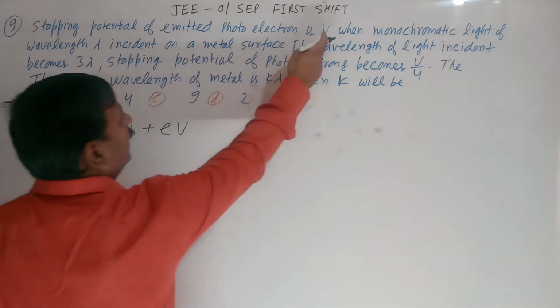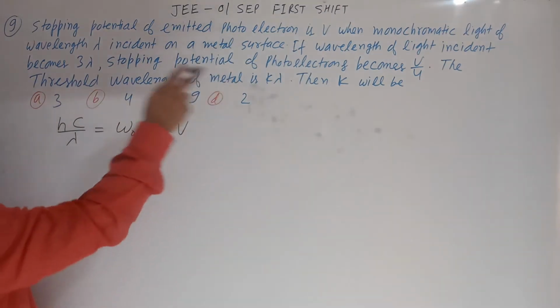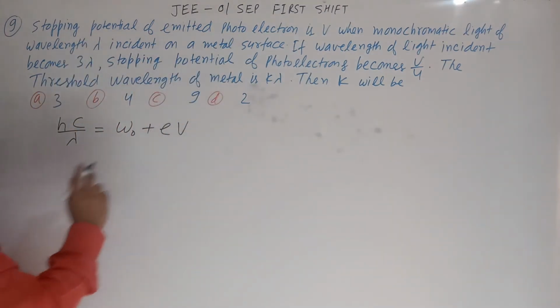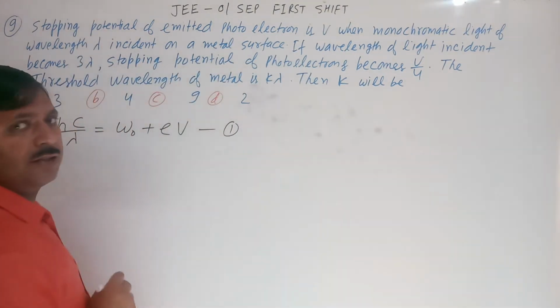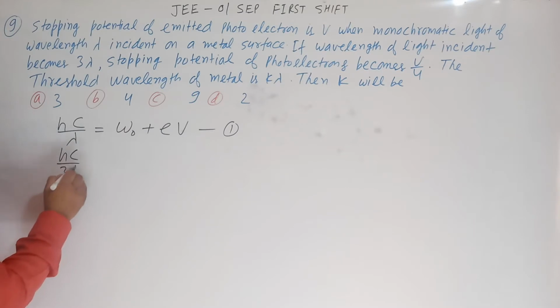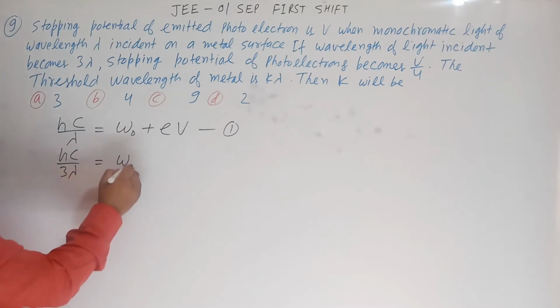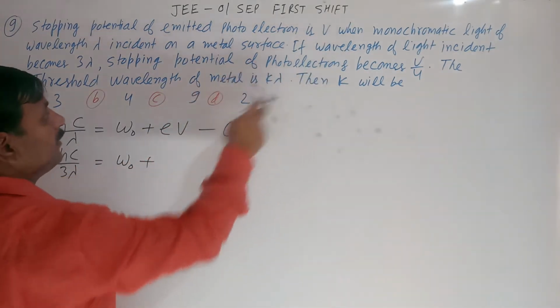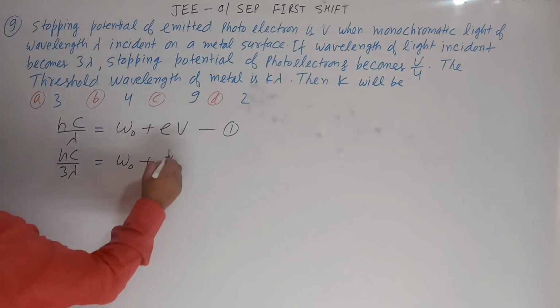They have given V naught as V and incident light lambda, so this will be the first equation. Second equation: 3 lambda incident wavelength, potential becomes V upon 4, so that is eV upon 4.